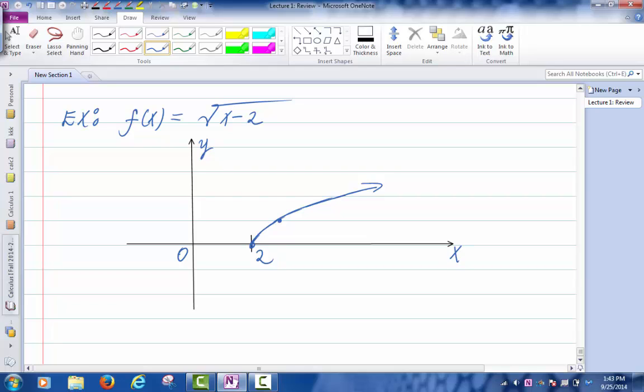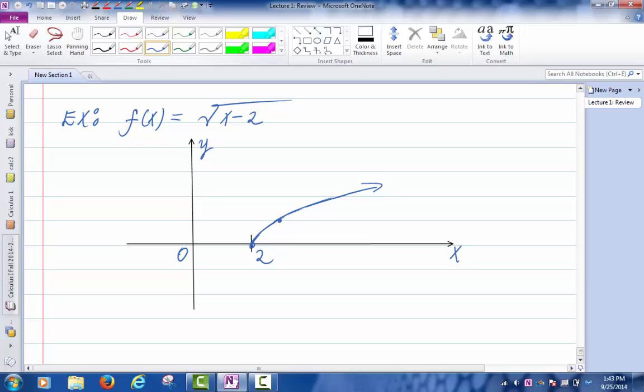Notice that if I ask you whether this function is continuous at 2, what would you say? Why or why not? Well, you have to check two things. One, is the function defined at 2? The second thing, is the limit at 2 equal to the value of the function at 2?